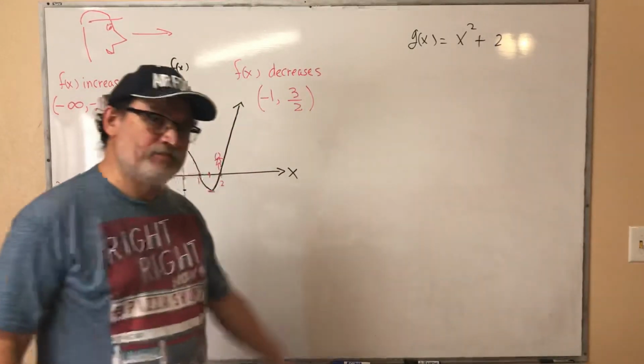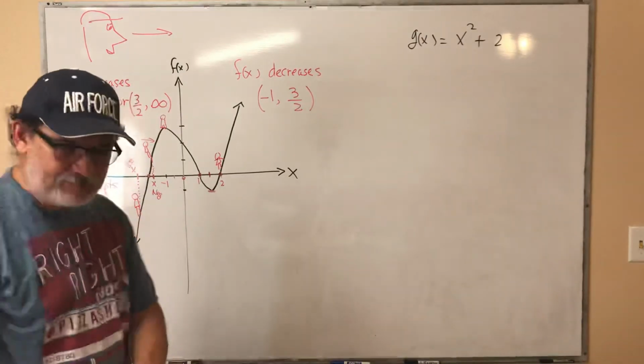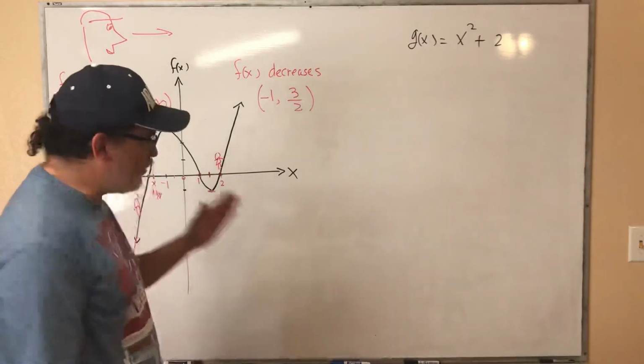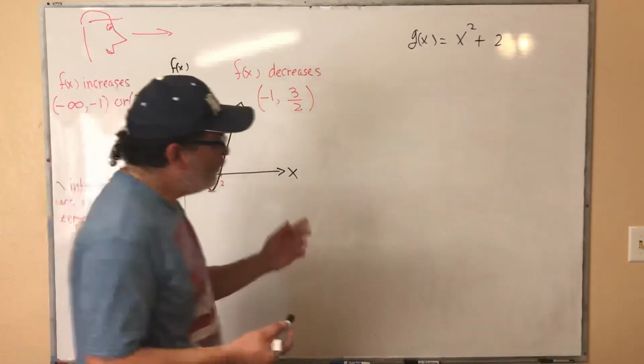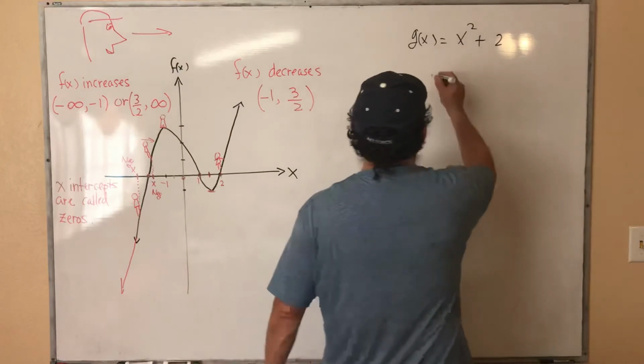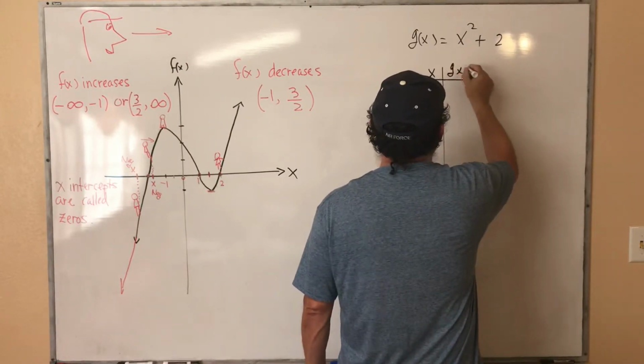That's a function. Okay. Let's graph it. Graphing this function. Okay? You can make a table. X and g of x.